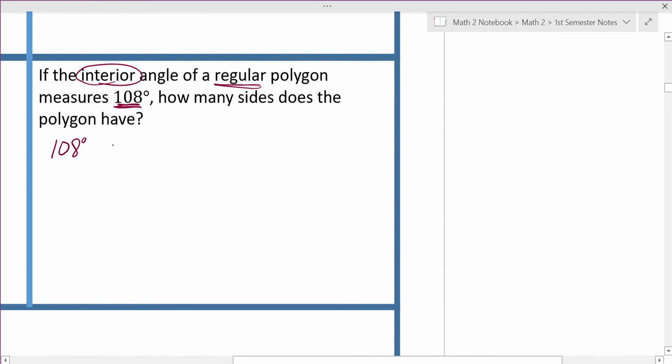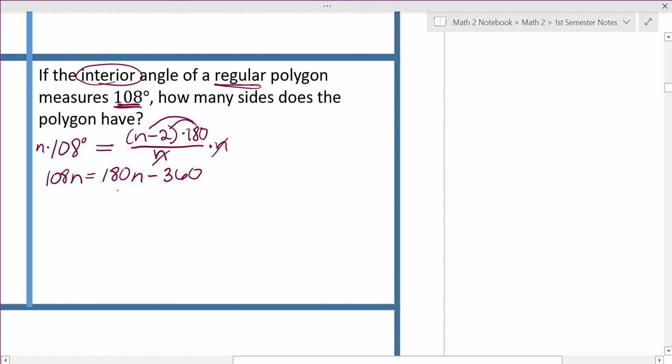With a regular polygon, the interior angle we can find by doing n minus 2 times 180 divided by n, right? Now we need to solve for n. So we have to get it out of our denominator first. So I'm going to multiply both sides. That gives me 108n equals, here these n's cancel out, 180 times n minus 2. I'm also going to distribute that, so I have 180n minus 360.